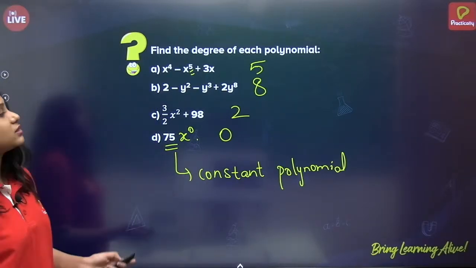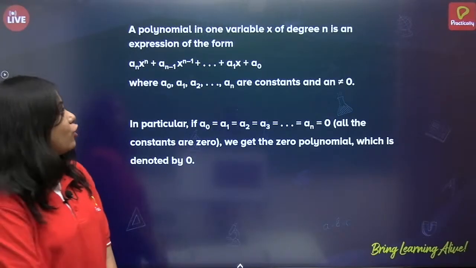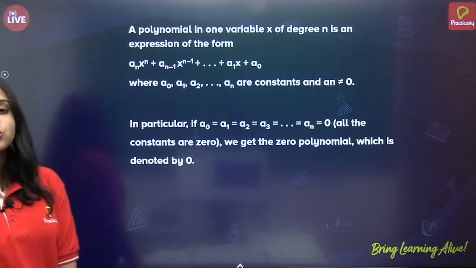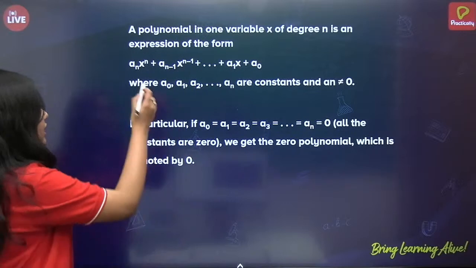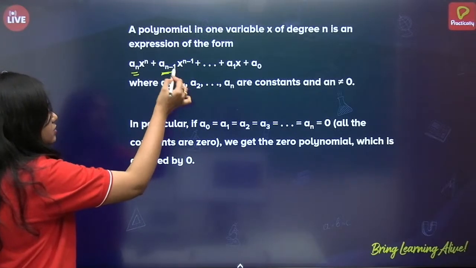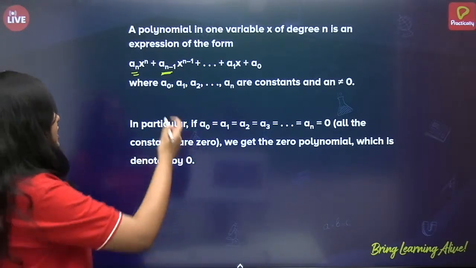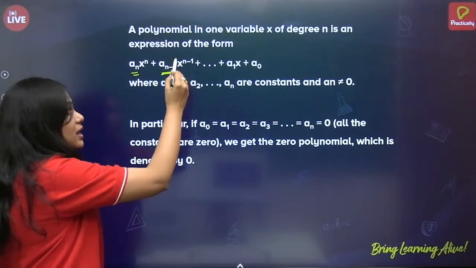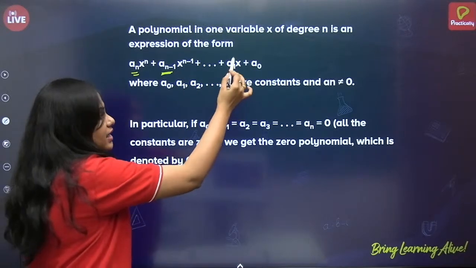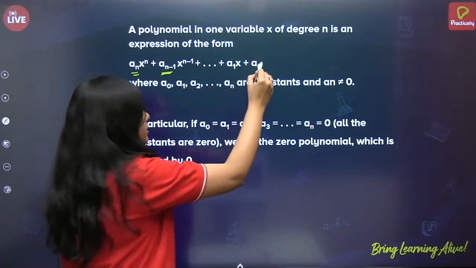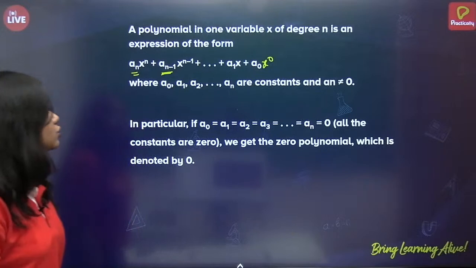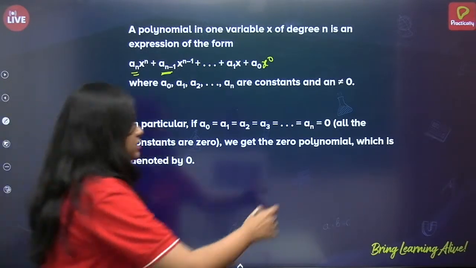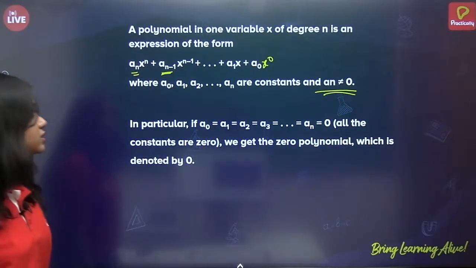Good. Next. A polynomial in one variable x of degree n is an expression of the form an x power n plus an minus 1 x power n minus 1, and so on till a1 x plus a0, where a0, a1, a2, up to an are constants and an is not equal to 0.